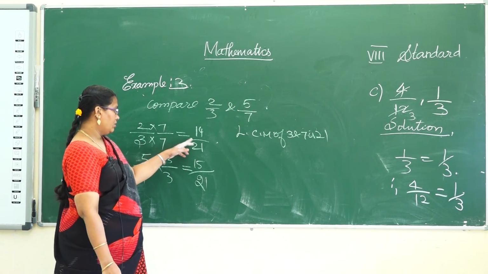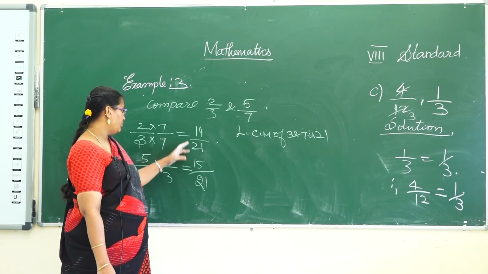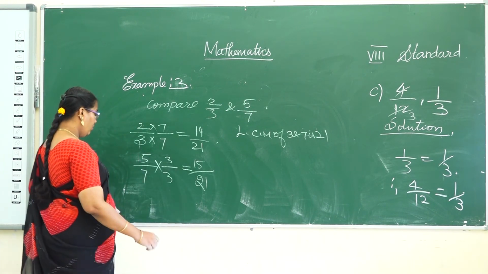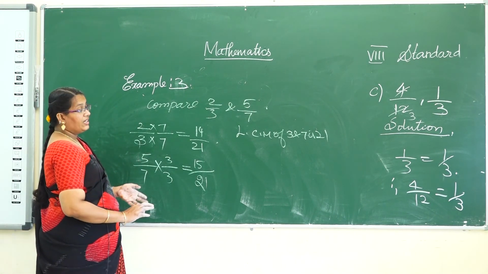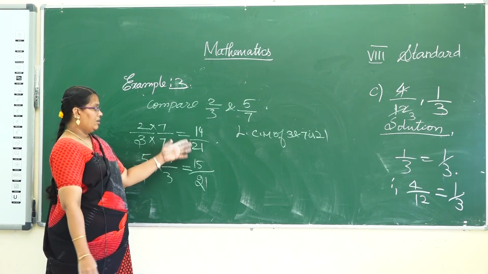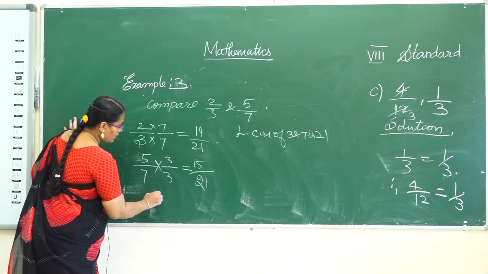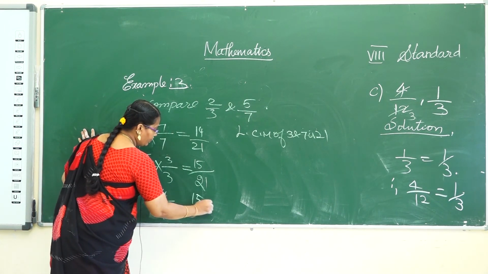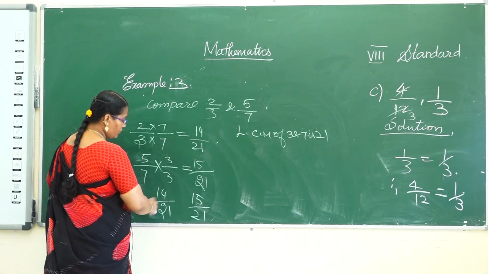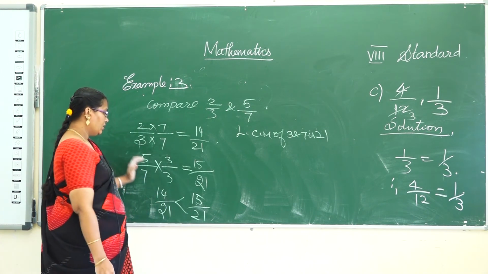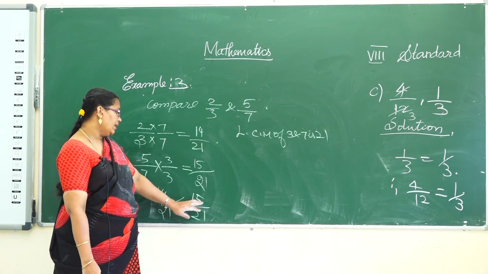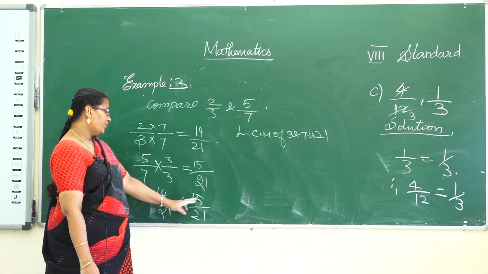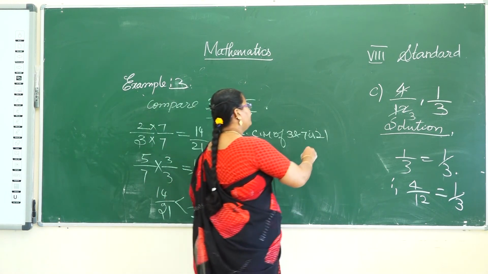Now we have two rational numbers whose denominators are the same, like fractions. Now we can easily compare the rational numbers, is it? So, 14 by 21 and 15 by 21. Which one is the greatest? So, 14 by 21 is less than 15 by 21.